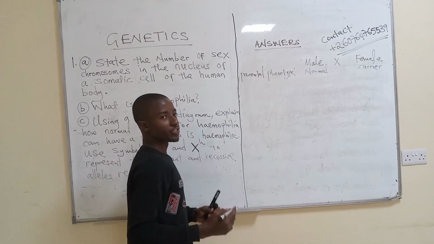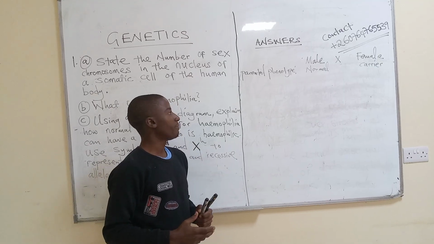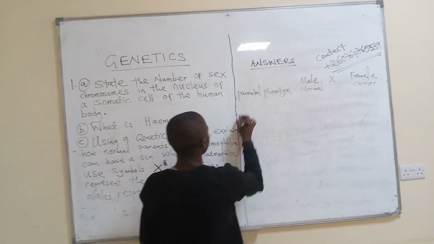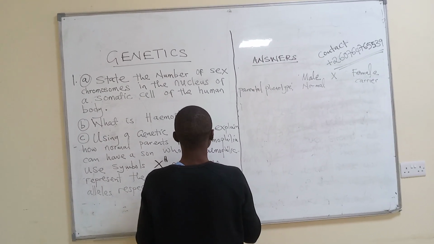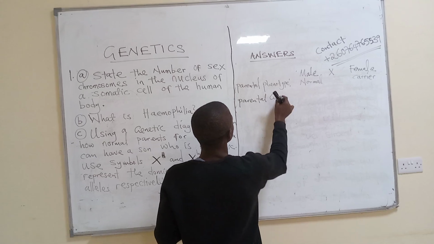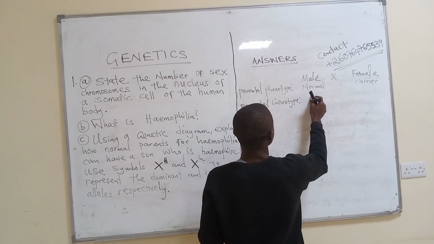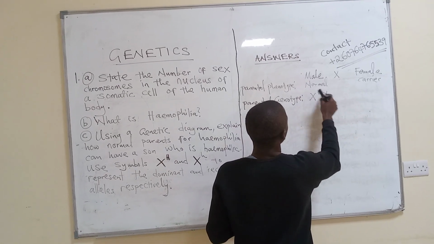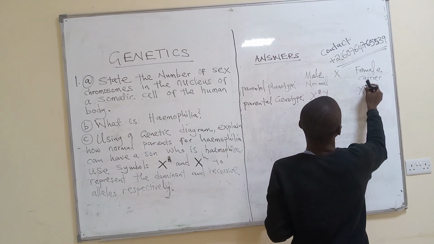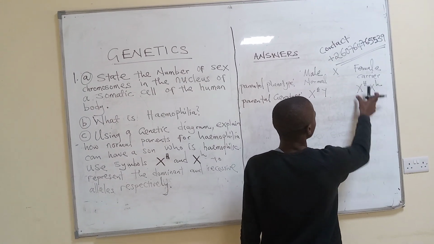Another thing that you are going to do is to write the parental genotype. What is a genotype? A genotype is just the genetic composition of an organism. So the genotype is X capital H Y, because the male was normal. And this is X capital H X small h, simply meaning that she was the carrier.